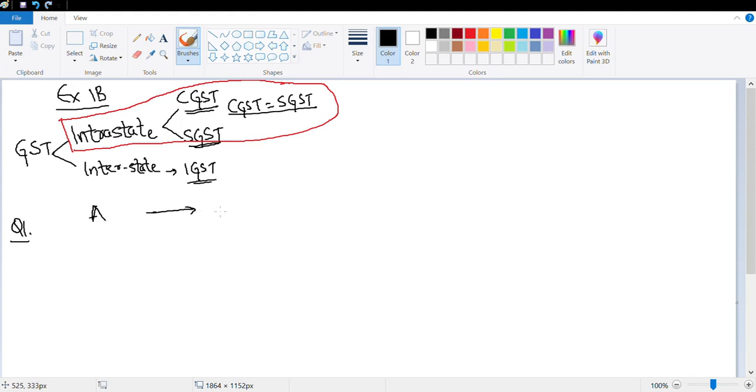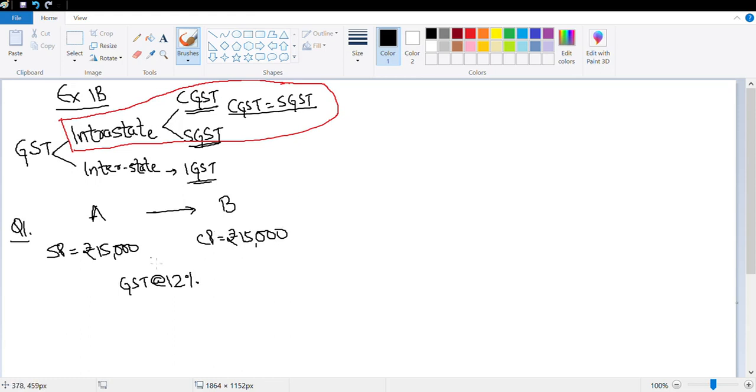This is A to B. The SP at A is rupees 15,000. And the CP, because B is buying from A, is rupees 15,000. The SP of A is equal to the CP of B. And the rate of GST is 12%.